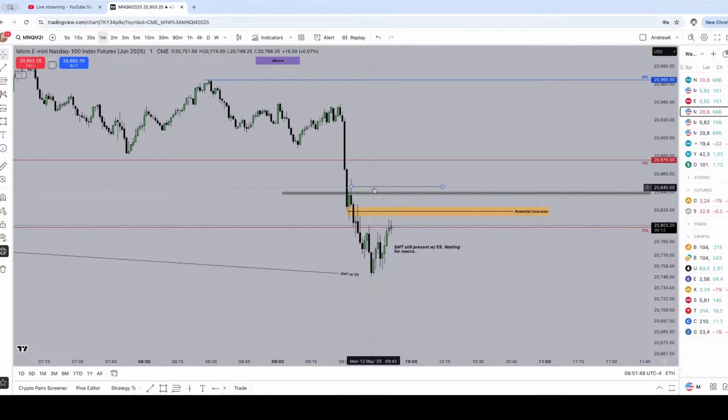Guys, the damage has already been done, so when the macro opens, like it's open now, we're going to look for price to reach the inefficiency above the marketplace and then the liquidity. So be mindful of that, please.